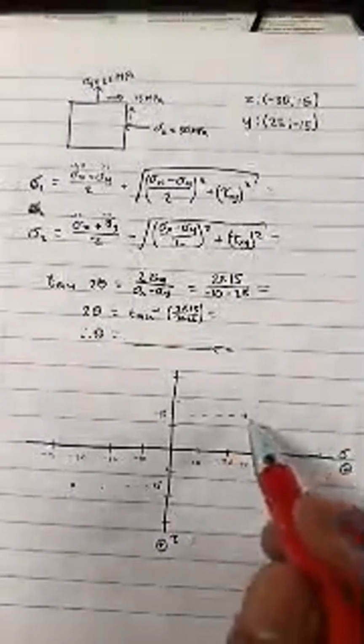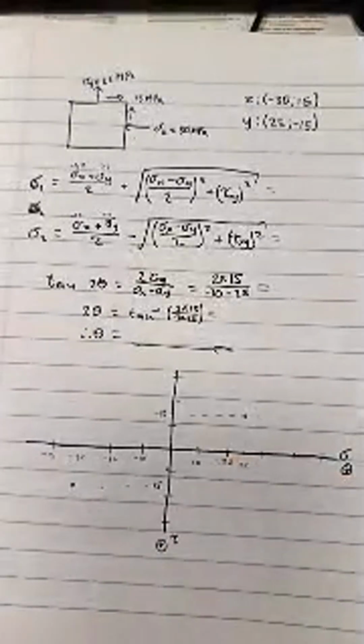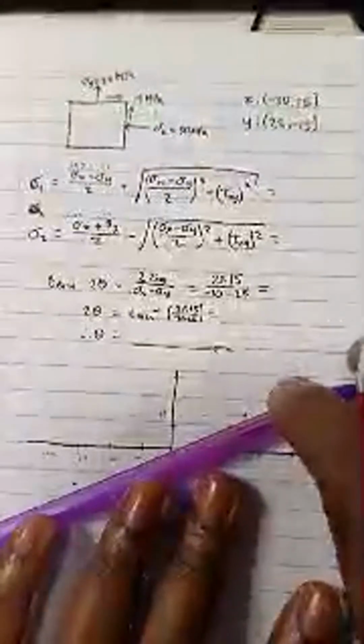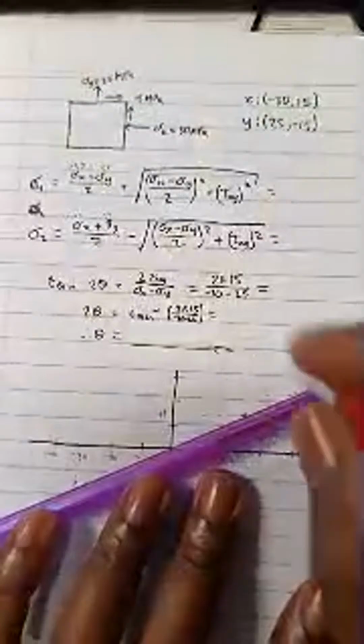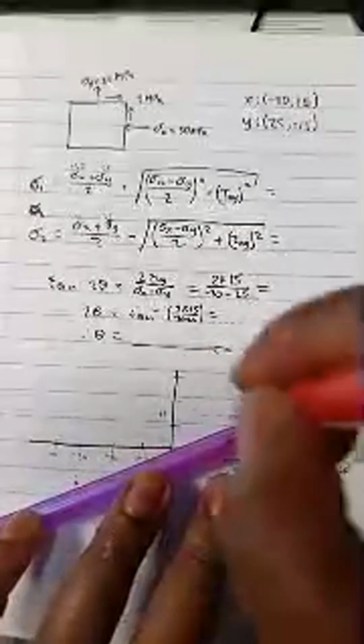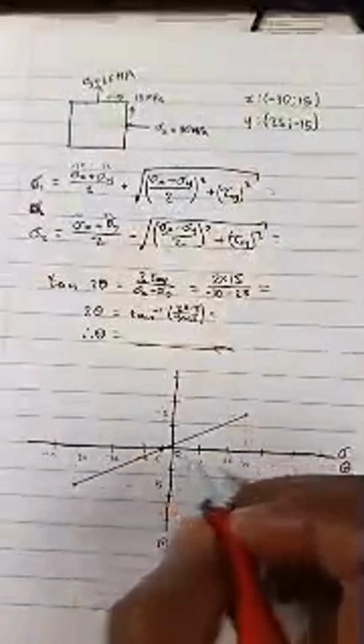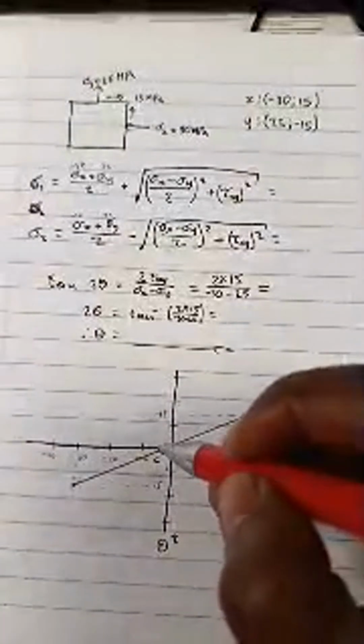Since they are meeting here, then you're going to join those two. When you join them, you'll get a center somewhere there. So let's join them. So that is the center. So this is 0. Now they are very close to each other.